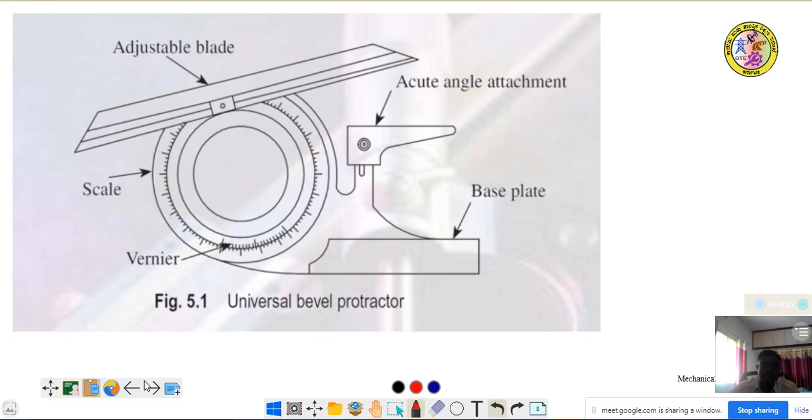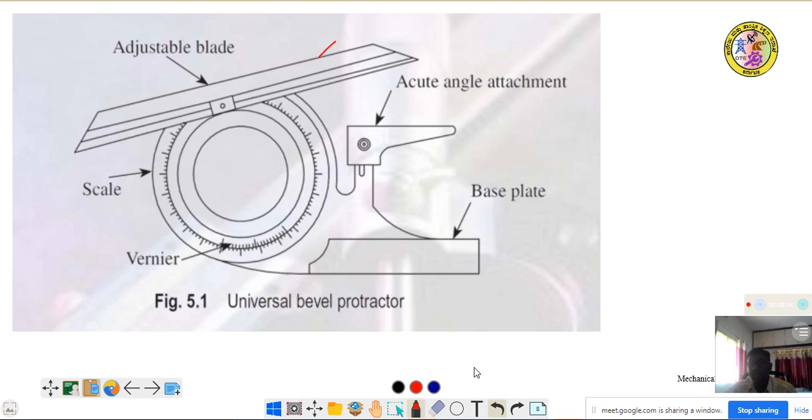So these are the parts. This is an adjustable blade. This is an acute angle attachment. This is base plate. This is a vernier scale, and this is one main scale. There are two scales. Every instrument, if you go for vernier scale, there are two scales. If you come for screw gauge, there are also two scales.